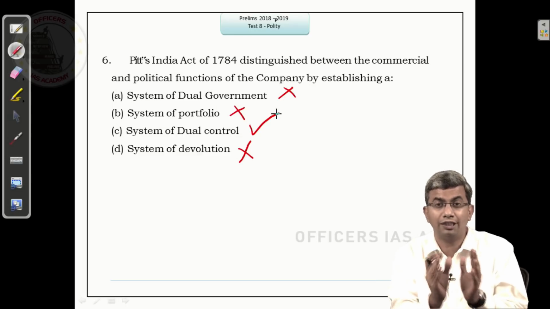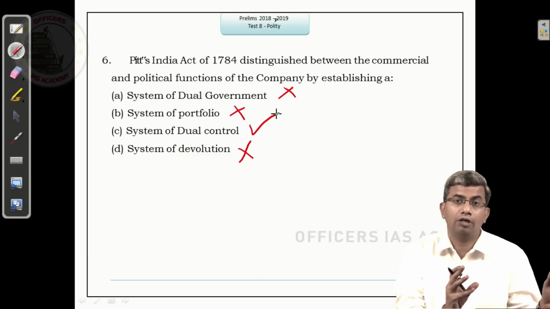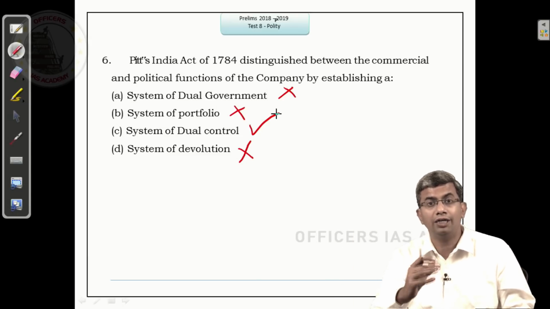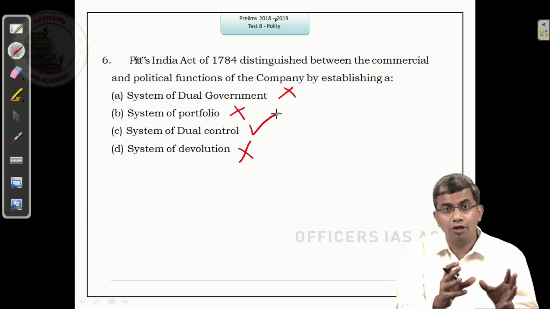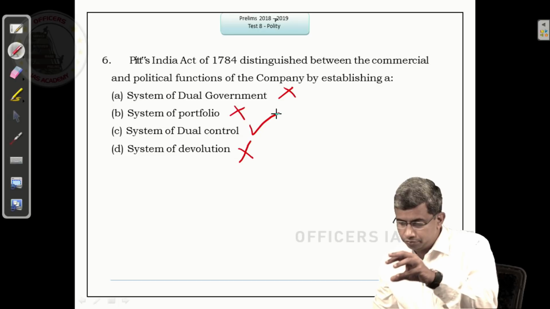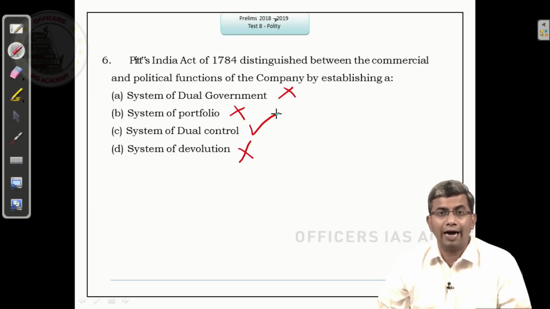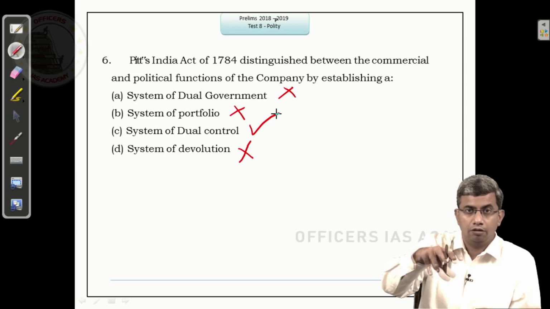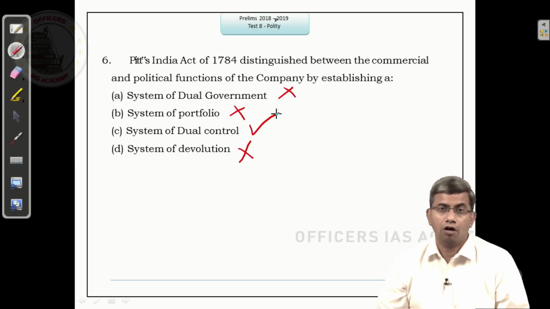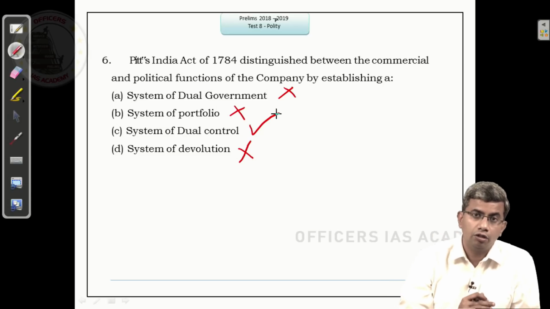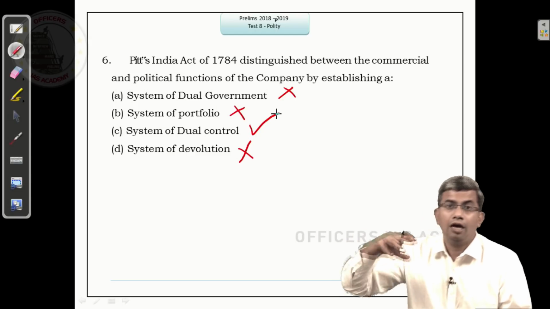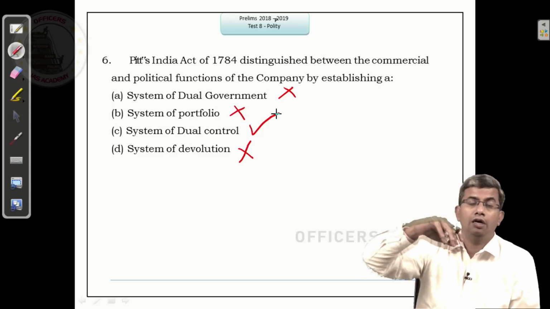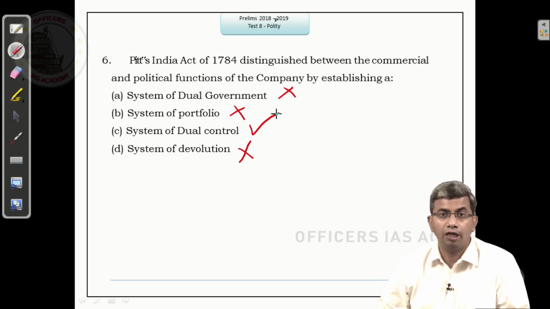What is system of dual control? That's the difference between dual government and dual control. Dual government is transferred and reserved subjects, whereas dual control is where the commercial activities of the government, or the British government here, was controlled by the court of directors who belonged to the company, whereas the political aspects were controlled by a board of control, which was representatives who were nominated by the British Crown.